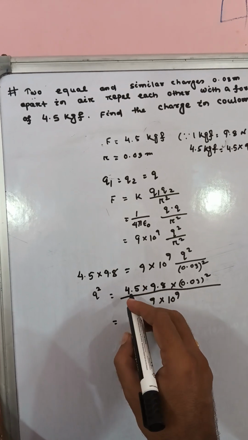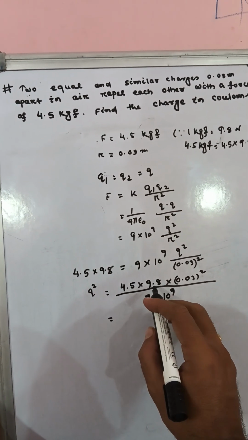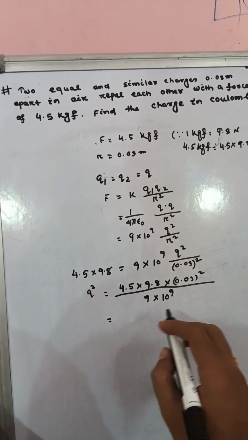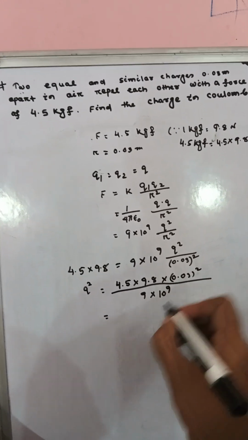Then 4.5 is equal to 45 by 10, 9.8 is equal to 98 by 10, and 3 by 100 into 3 by 100.